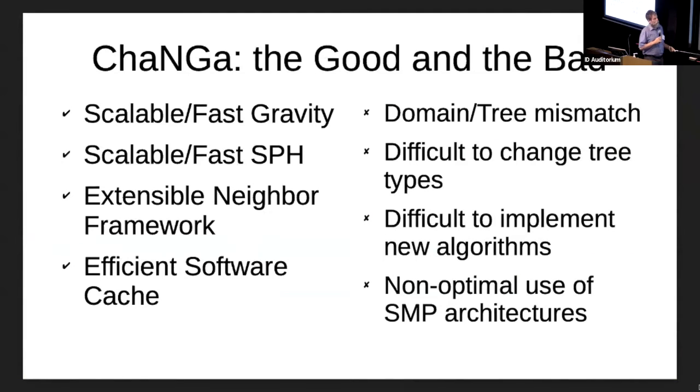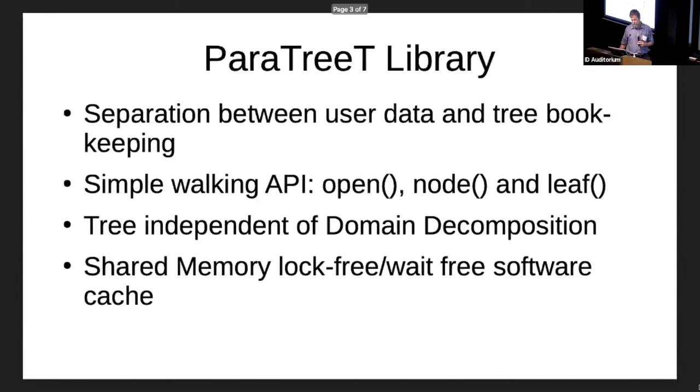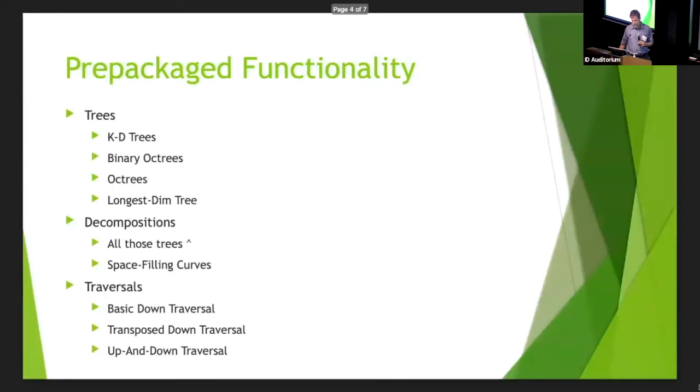But there are difficulties. I'll point out this one in particular. Implementing radiative transfer was a bit more difficult than I had anticipated. And so trying to figure out how to make that better.